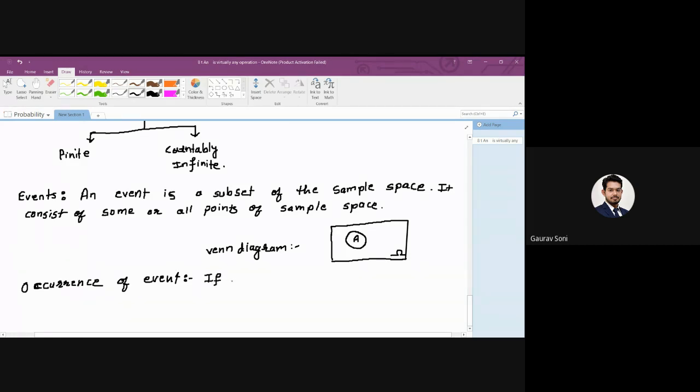If after performing the experiment, the outcome belongs to the event, then the event has occurred.